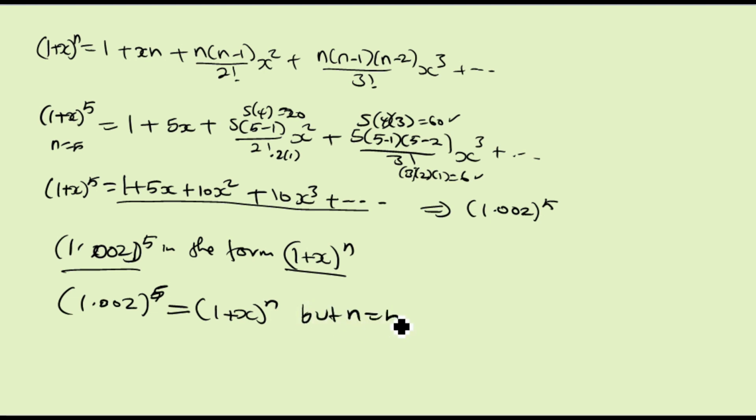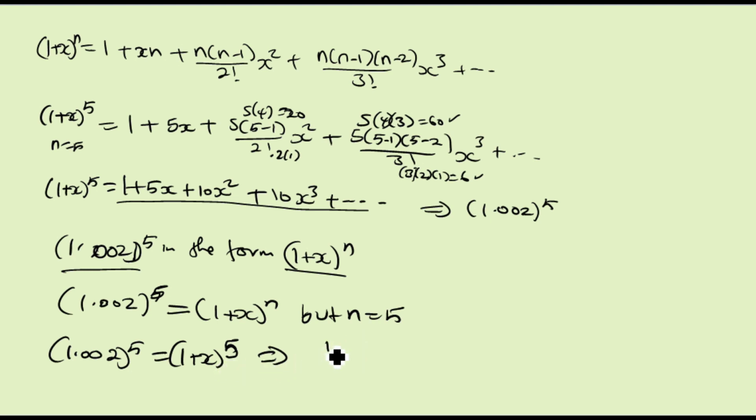Now we already know that the value of n is 5, so we can also try and remember the rules of indices. Because n is 5, it means 1.002^5 is equal to (1 + x)^5.